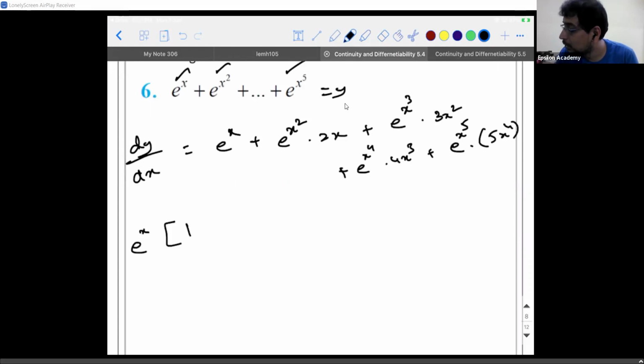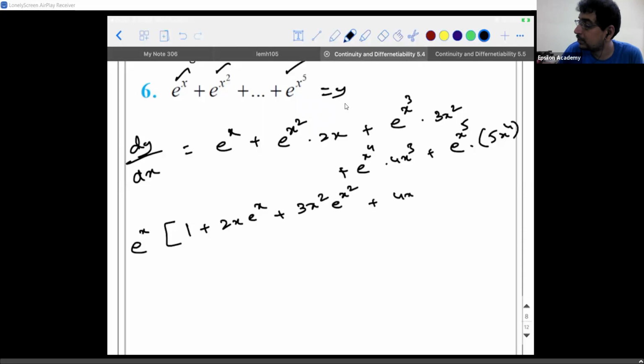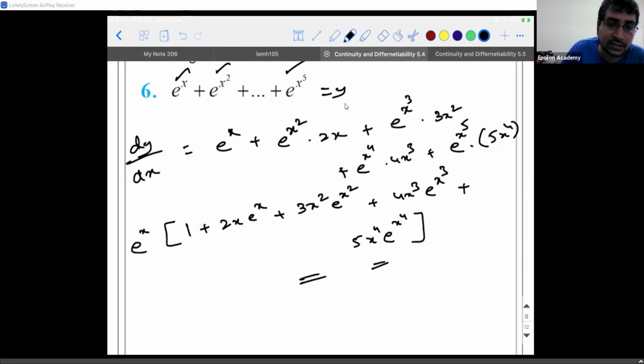E power x into 1 plus 2x into e power x plus 3x square into e power x square plus 4x cube into e power x cube plus 5x power 4 into e power x power 4. Clear? Yes, sir.